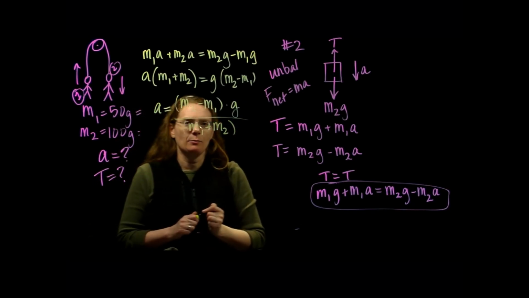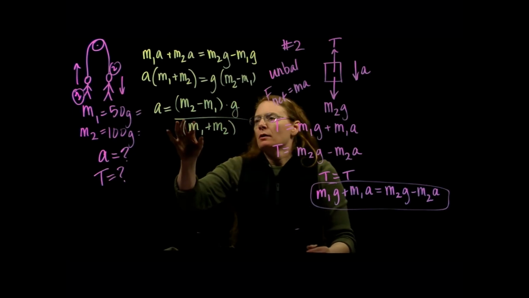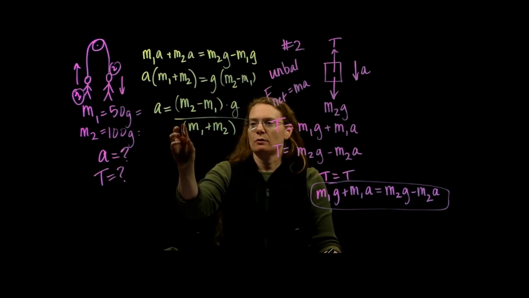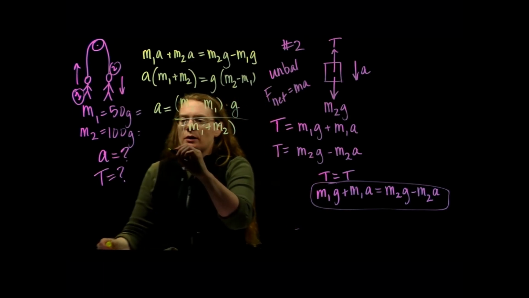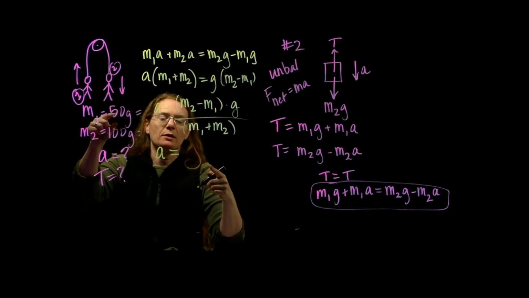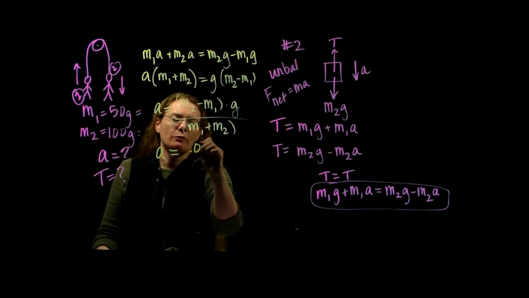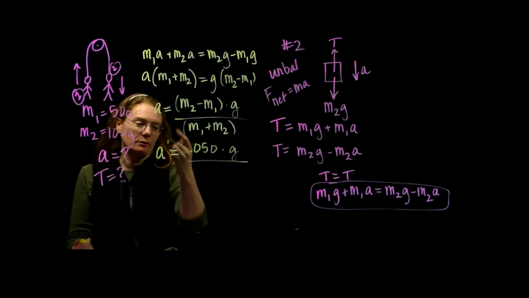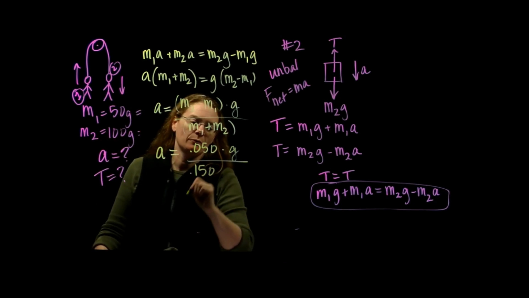There's a nice little symmetry to that. So it's the difference in the masses times gravity over the combined mass, which in this case is, okay, 100 grams minus 50 grams is 50 grams, 0.05 times G over combined mass, 150 grams, over 0.150.